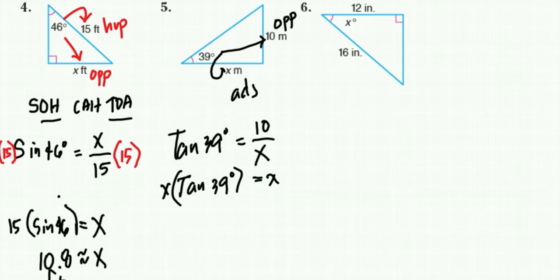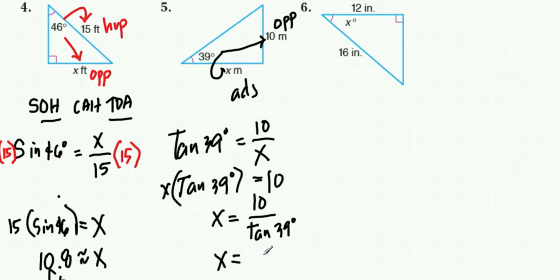And then divide both sides by tangent 39 degrees. Sorry, let me correct myself there. That's not x, that is 10. Divide both sides by tangent 39. You have now x is equal to 10 all over tangent 39 degrees. Okay, using the calculator, 10 over tangent 39 degrees.